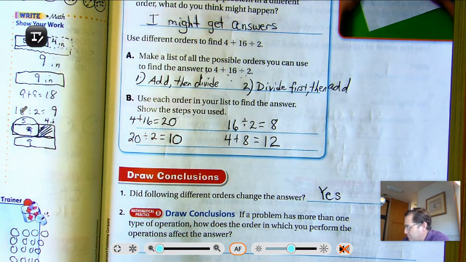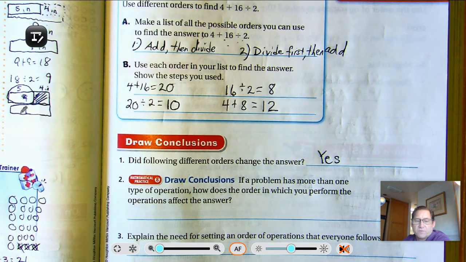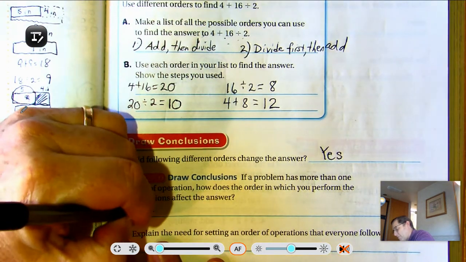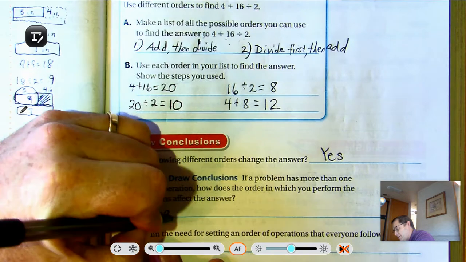If a problem has more than one type of operation, how does the order in which you perform the operations affect the answer? Well, what happened when we changed the order?